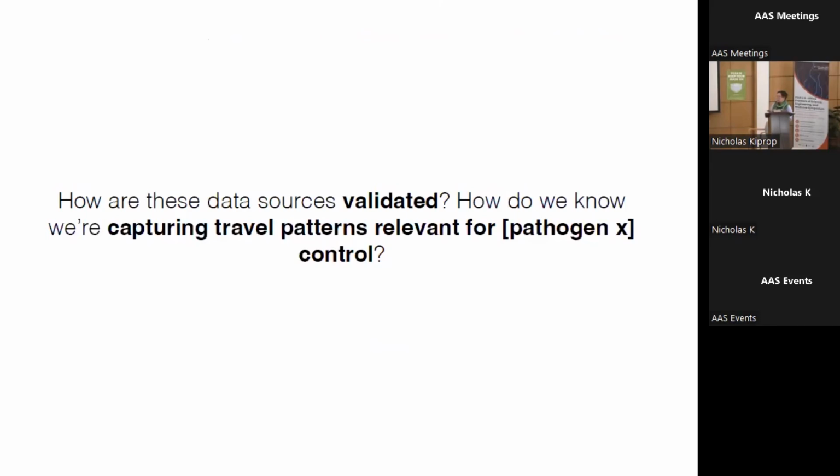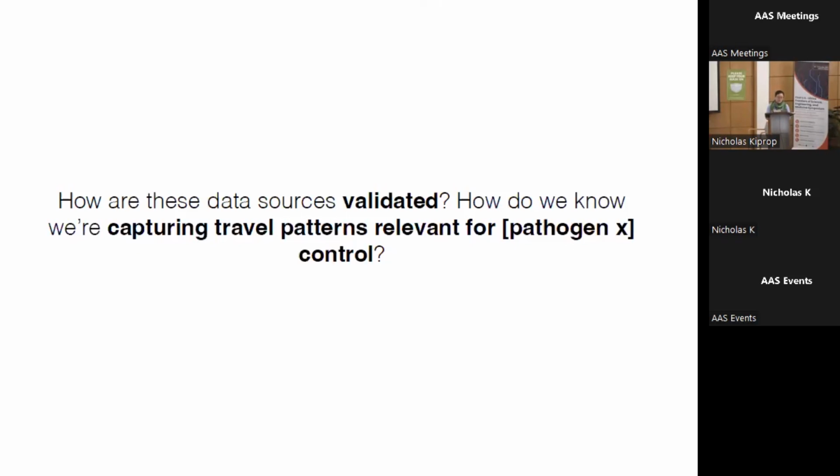So that was a very quick overview of one particular aspect of ways that we can use different kinds of data and ways we can try to understand different disease processes. And going forward, we're really interested in how we know that the mobility data we're getting and measuring is actually useful or informative to understand different pathogens.